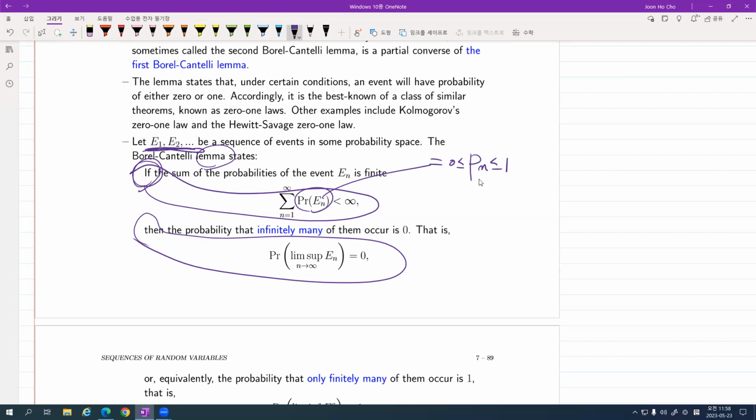And the probability of that set, that event, is 0. What does that mean? The probability of the complement of this set is 1. What does that mean? You have almost sure something. With probability 1, you can state something.